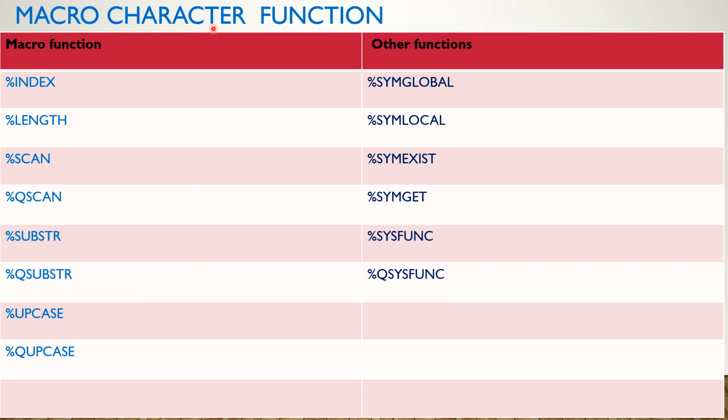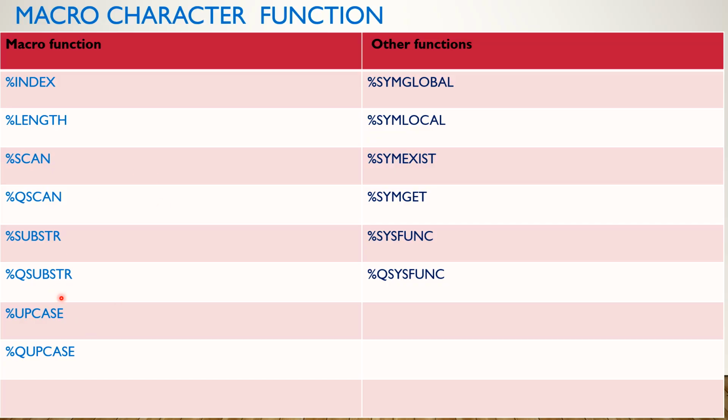so next, macro character functions. In macros we can see some character functions. So what are the macro character functions? We'll see. One is %index, %length, %scan, %qscan, %substr, %qsubstr, %upcase, %qupcase. So whenever writing macro programming, right, if you want to use the upcase character function, you need to use %upcase.